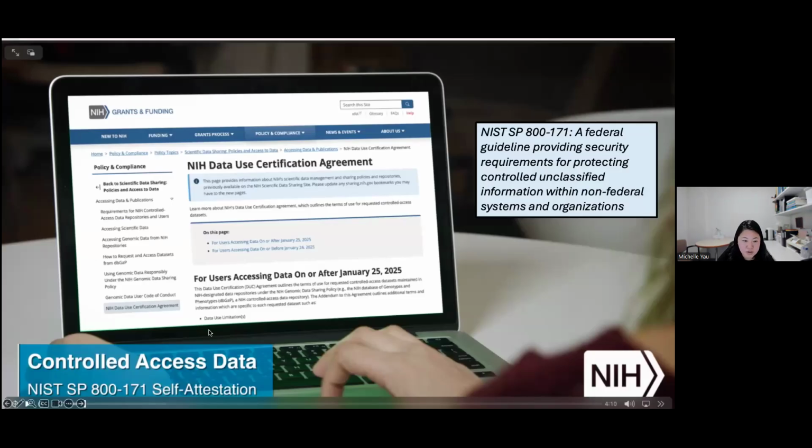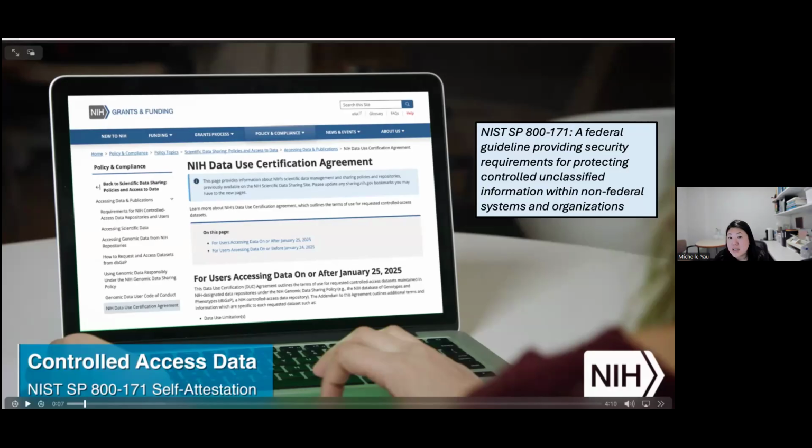And so a note about this data access piece of it. So you do have to sign a data use certification agreement, and starting in 2025, they made it a little bit more stringent in terms of the amount of security you need in order to store this data.